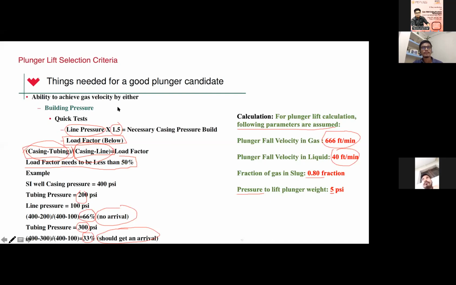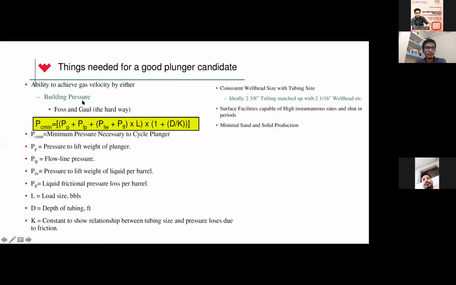Another thing you need to consider is the force balance method. This will decide the minimum casing pressure. Based on this minimum casing pressure, you are going to determine at what casing pressure at the surface you are going to open your well.